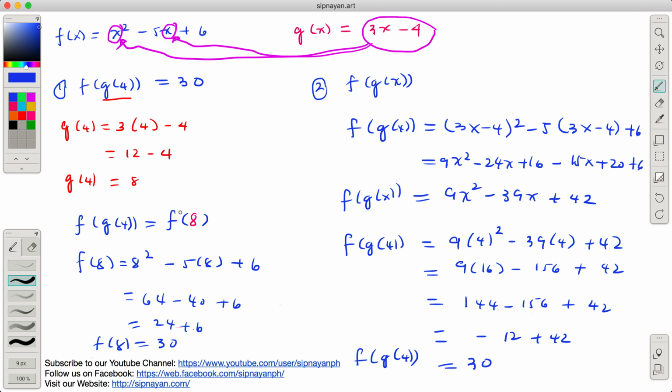Depende naman yan sa inyo, unless, of course, nare-require ng teacher na kailangan gamitin nyo ito or ito. You have to know both solutions and you have to understand the concepts behind it. Okay, so siguro we'll have more examples in the next videos.